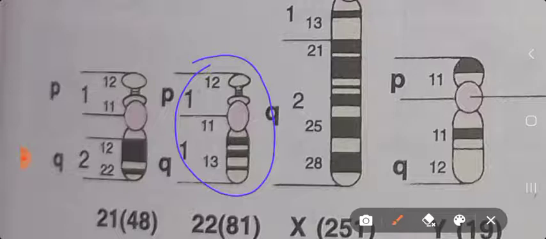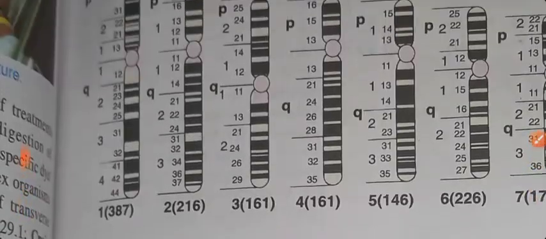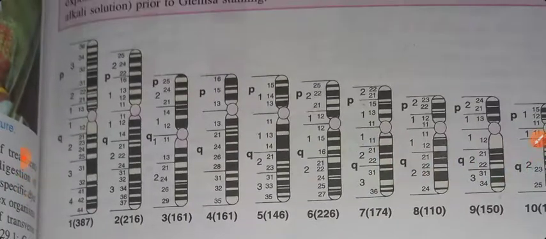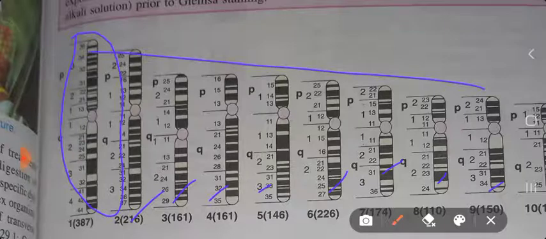So if there is a change in the morphology of this banding pattern, remember, this banding pattern is homologous with the respective homologous chromosomes. Only one set has been shown, not the pair of homologous chromosomes; individual chromosomes have been shown. I think it has been taken from the gamete cell. Karyotype analysis is done in a gamete cell, that's why we see only a single set of chromosomes.